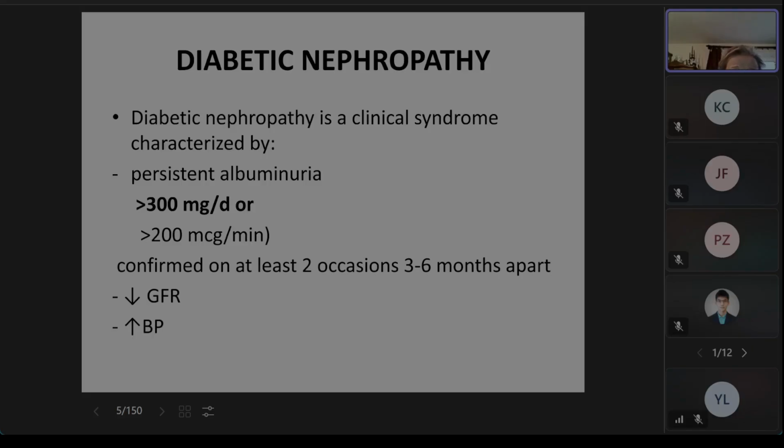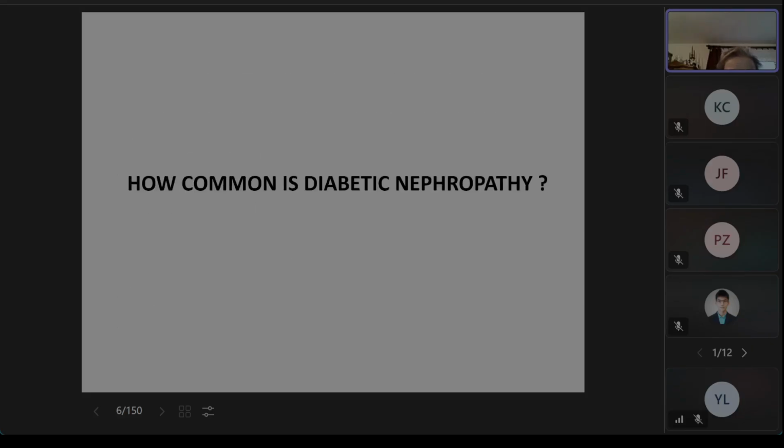Another point is the decrease in GFR level and high blood pressure, meaning systemic hypertension. If you find all these three elements together, you can recognize diabetic nephropathy.